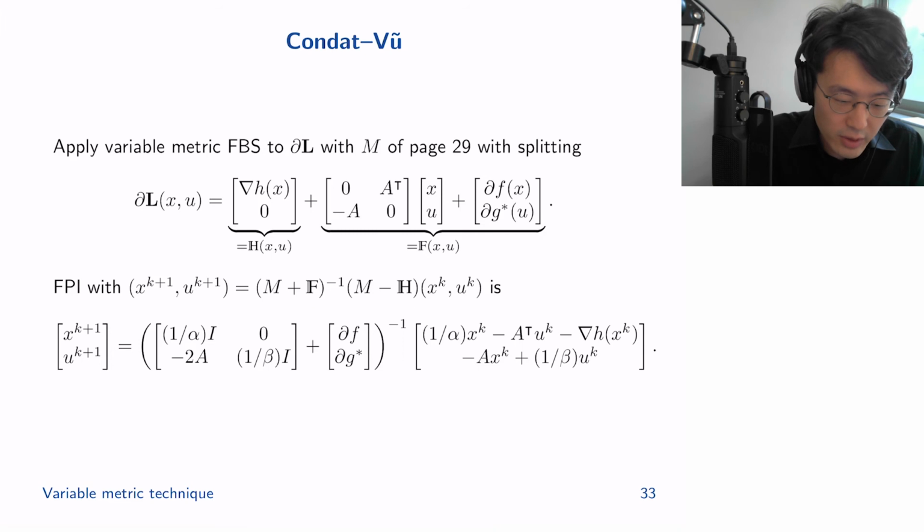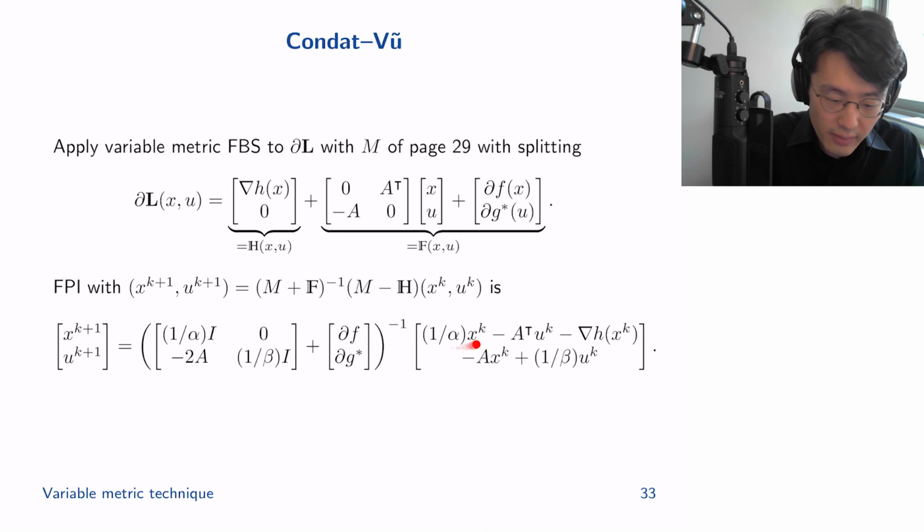So the fixed point iteration maps from xk, uk to xk plus 1, uk plus 1, and then we perform the forward step, the gradient descent like step, and then we apply the inverse operator, the resolvent, after that. So if we consider what happens here, we first multiply M by xk, uk.